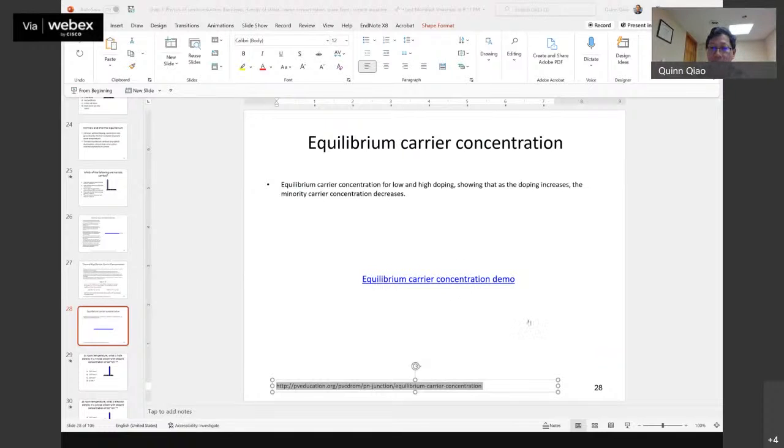Now let's see next. When you dope this with electrons, if this is N-type doping, now you see how many electrons you have in the conduction band, and only a small amount of holes on the valence band, because n0 multiplied by p0 is constant. If you have more electrons, n0, you have much less p0, because n0 times p0 equals a constant.